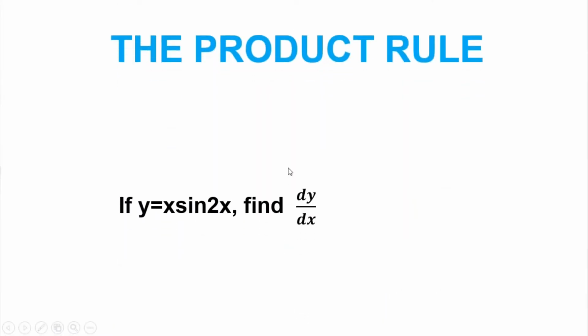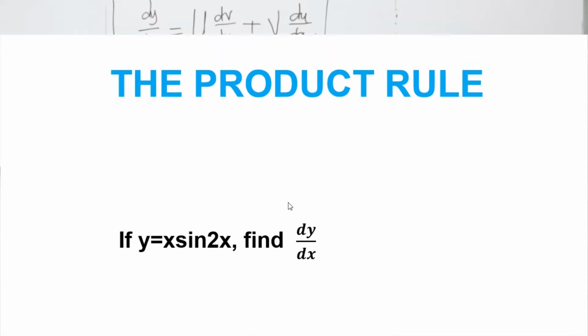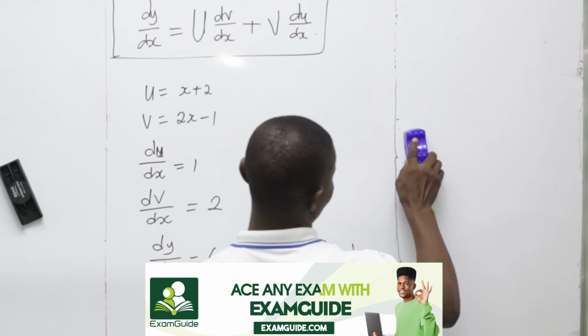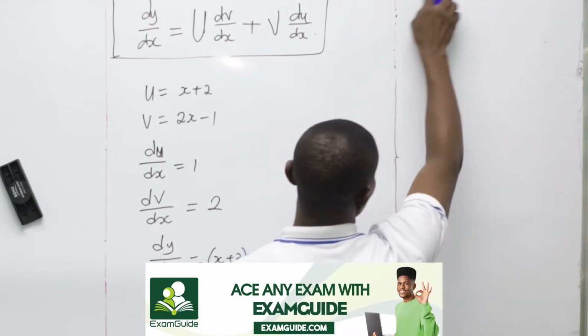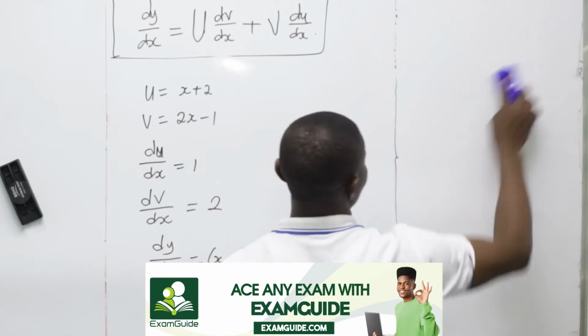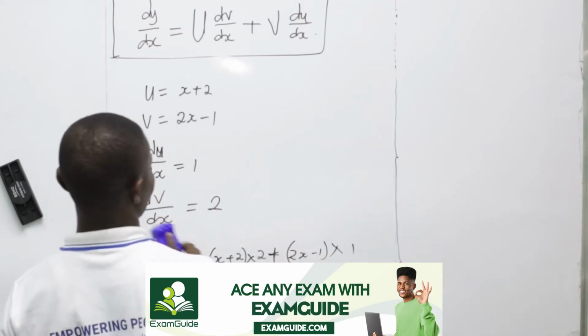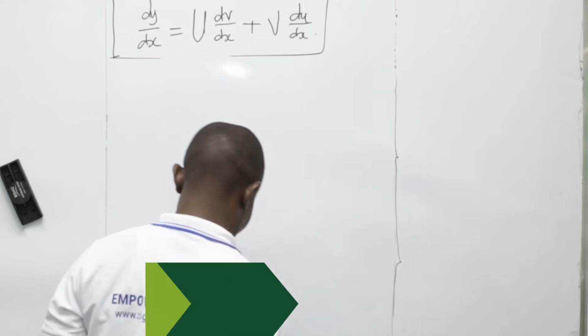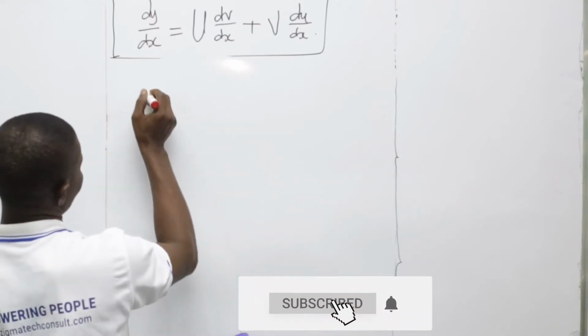Look at this. This was a product rule, but somehow complex. You have x sine 2x. Find dy/dx. So in this, there's a touch of chain rule because sine 2x is already complex. So what you do, don't be scared of the question.